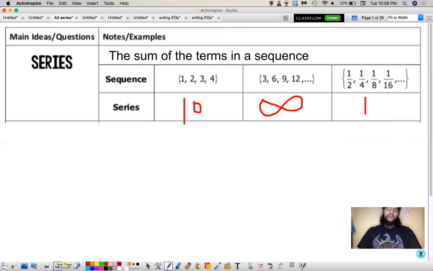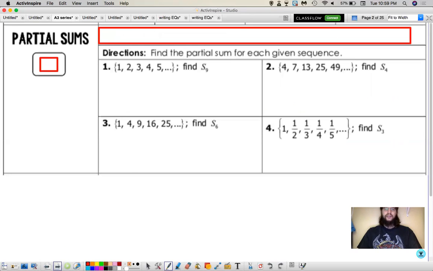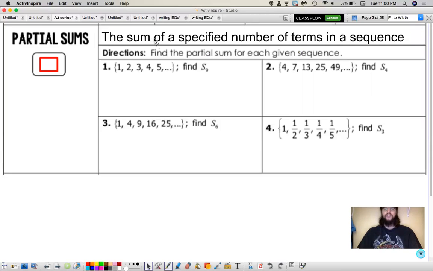So for us, though, we're going to focus more on partial sums. Talk about that partial stuff, adding up with no end. We notate it S sub n. If n is 9, that means we find the first 9 terms. I've got 1, 2, 3, 4, 5.